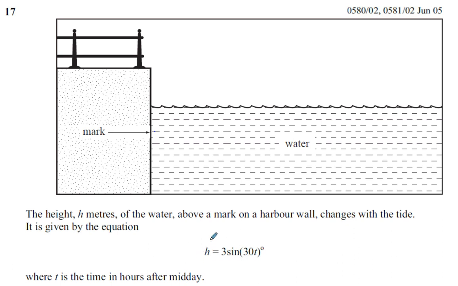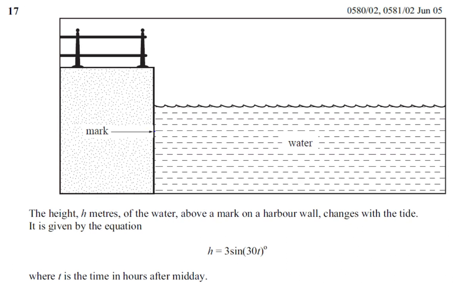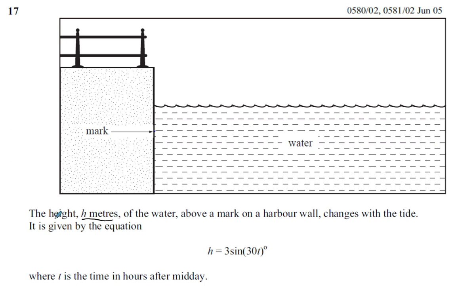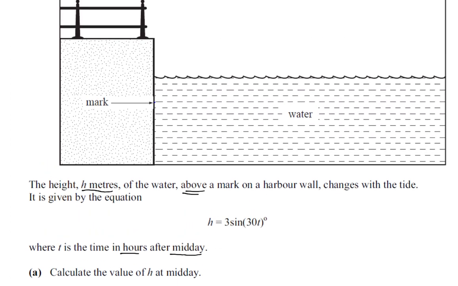H is the height in meters of the water above the mark on a harbour wall, and it changes with the tide, where t is the time in hours after midday. We are asked to find the value of H at midday.